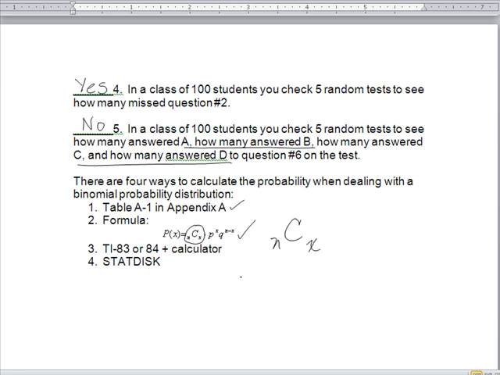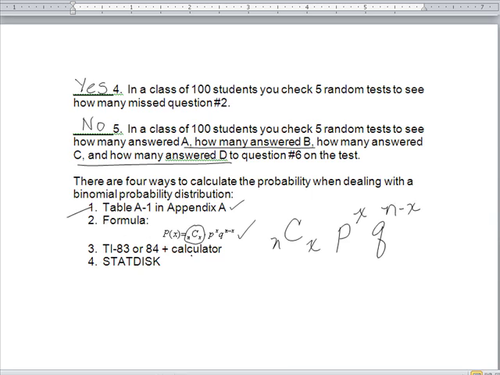So in case you can't read that. Some cases are not covered in the table, so we're forced to do either 2, 3, or 4. The formula works in every case, and then we have our TI-83/84 calculator, which has some benefits and some problems. And StatDisk is also useful in some specific cases.